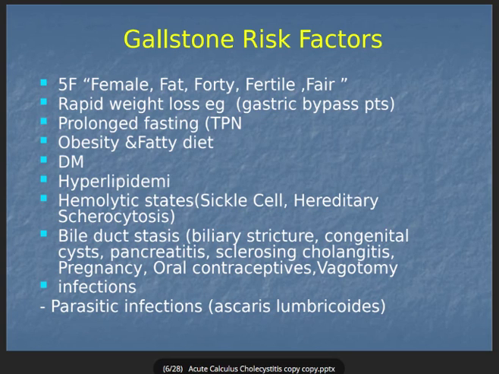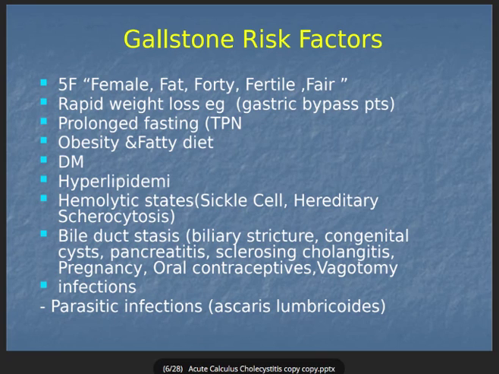Infections, parasitic infections, Ascaris is one of the ones that has been blamed, and the reason is Ascaris is a long worm that can go into the bile duct and cause obstruction again. So it's not because of the worm itself, it's because of obstruction.